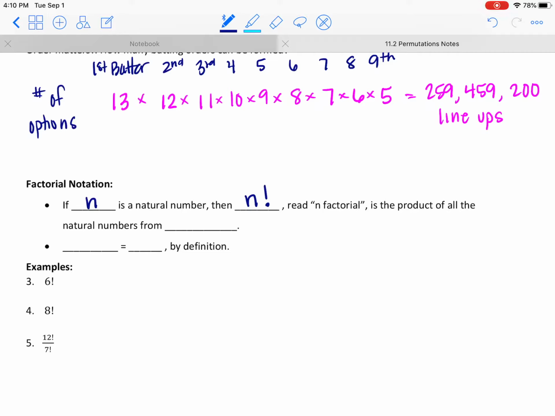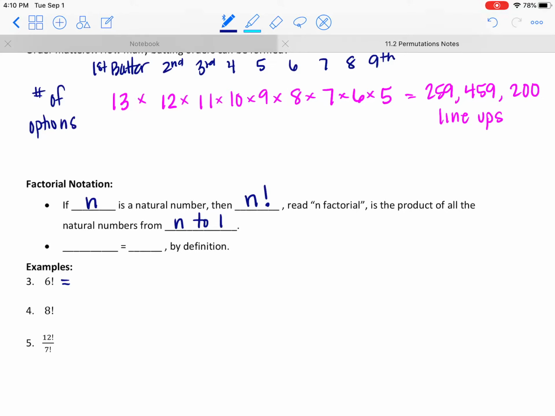And what it means is it is the product of all natural numbers from n down to 1. Okay? So for example, here we have 6 factorial. That means find the product of 6 and all of the natural numbers before it.